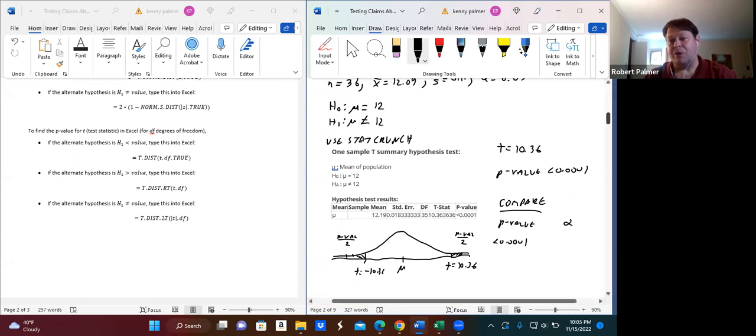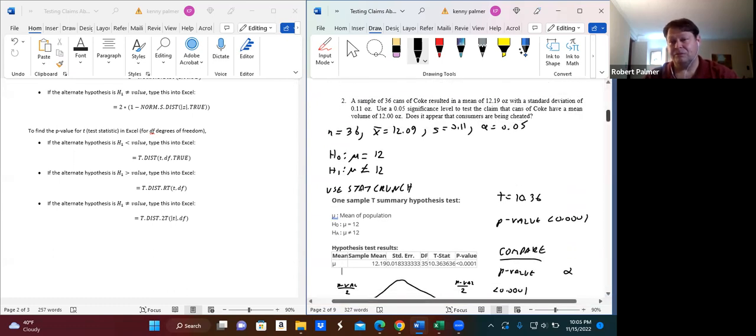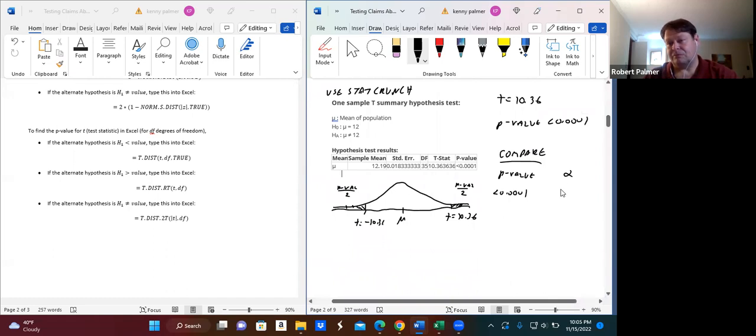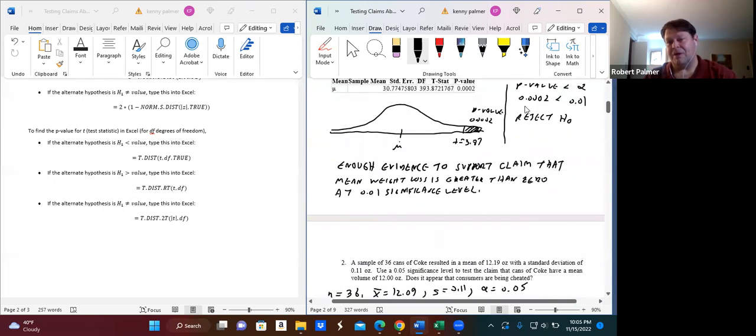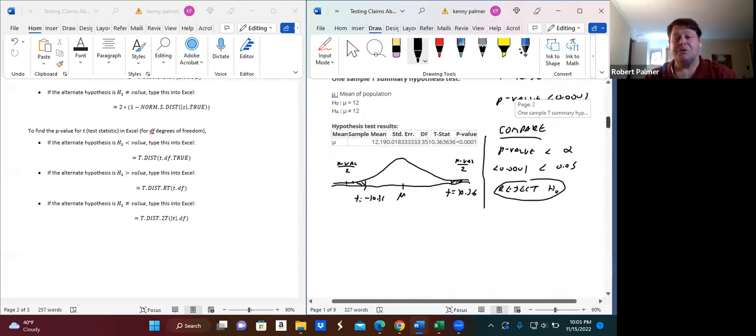And our alpha this time is 0.05. So clearly, that's less. Okay. So once again, we can reject the null hypothesis. And actually, in both cases, let me go back and circle that so make sure that's clear. So we're rejecting the null hypothesis based on the p-value test. And also, if you did a critical value test, you would also get the same result.